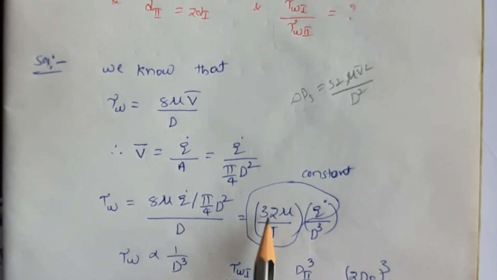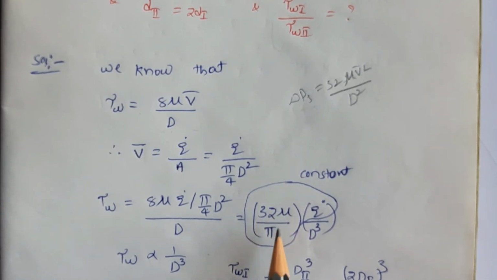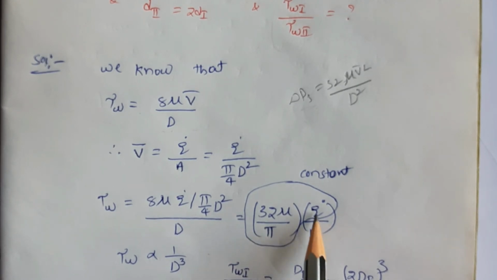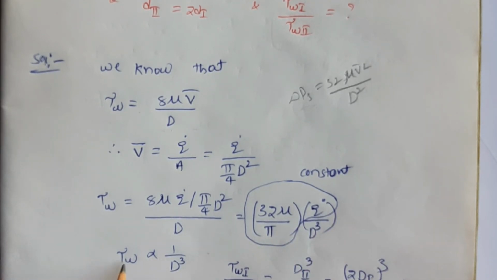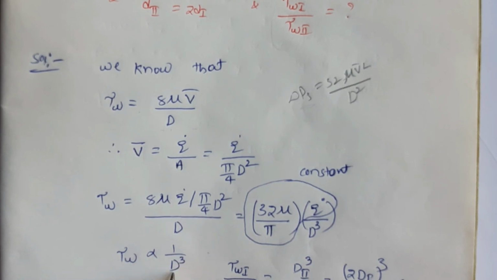So by simplifying, since the same fluid is moving in both the pipes, right? Viscosity is also constant and 32 is also a constant term. Volumetric flow rate in both the pipes is also constant. The only varying term is the diameter of the pipes. So tau w is proportional to 1 by d cube.